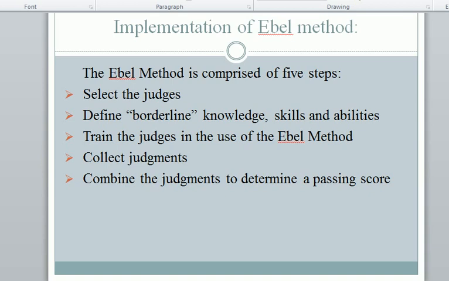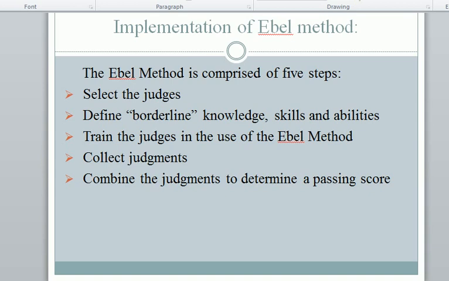Like other standard setting procedures, Ebel also selects the judges. In the first step, select the judges. Number 2, define the borderline knowledge, skills and abilities, known as KSA.